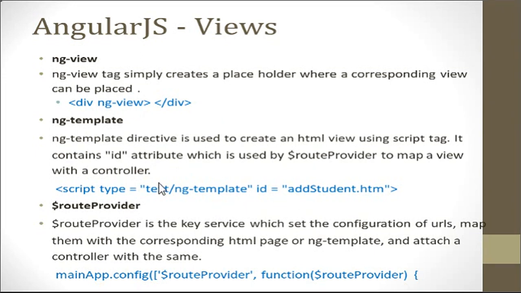So here we can see my tag, and here the id attribute is used by $routeProvider to map a view with the controller. So this is my id. Here the id is addStudent.html, and $routeProvider is a key service which sets the configuration of URLs as well as maps the corresponding HTML pages.